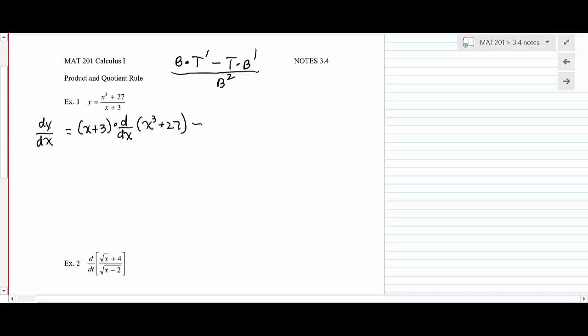We do minus, follow the formula. Then we do the top. Okay, then we're going to multiply by the derivative of the bottom, like that. So that's how you get that set up. And then when you do the bottom squared, you just write this like that. Okay? Does that look okay for everybody for the setup? Okay.